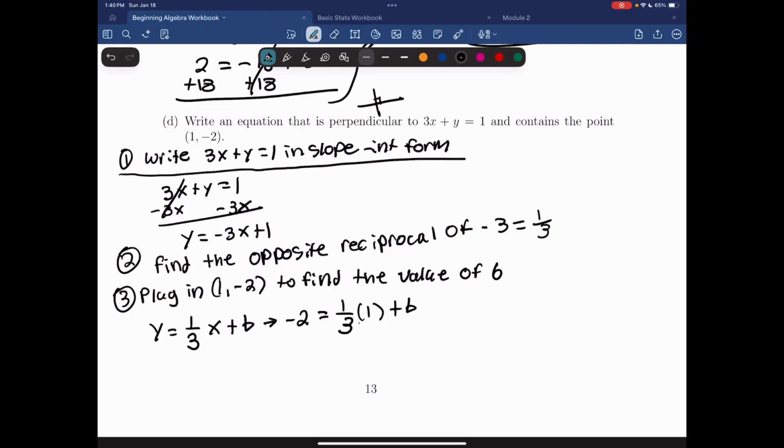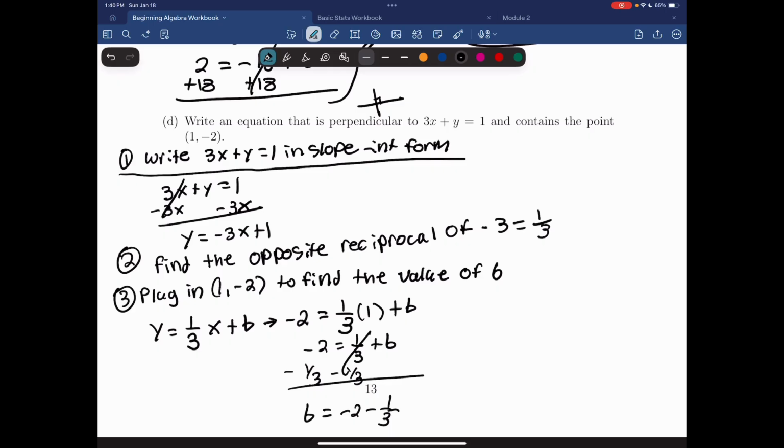Now, 1/3 times 1 is just 1/3. So we get -2 equals 1/3 plus b. Now to solve for b, I'm going to subtract 1/3 on both sides. So these cancel, and we get b equals -2 minus 1/3.